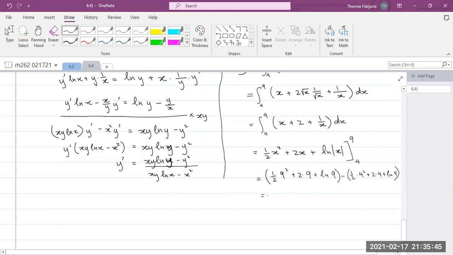I think you can just compute it yourself. Or do you want me to compute it for you? It's 40.5 plus 18 plus ln 9 minus 8 minus 8 minus ln 4. So this is 42.5 plus ln of 9 over 4.